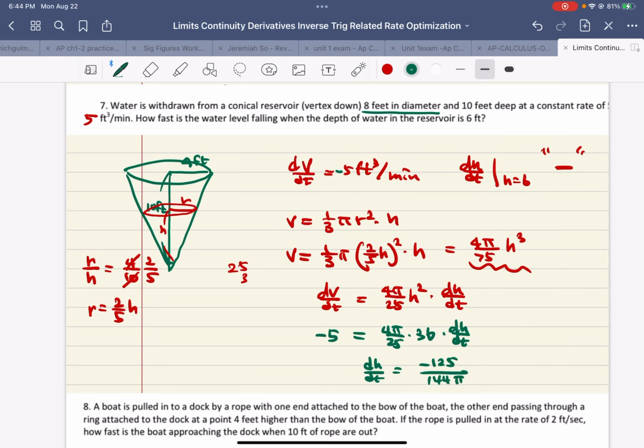So the unit is feet per minute. Negative 125 over 144 pi feet per minute. That's what you're going to get. All right, so now the next one.